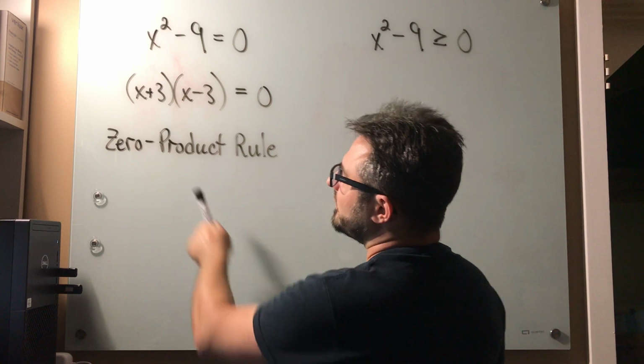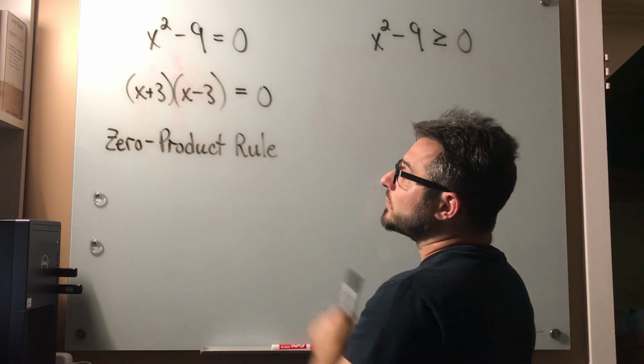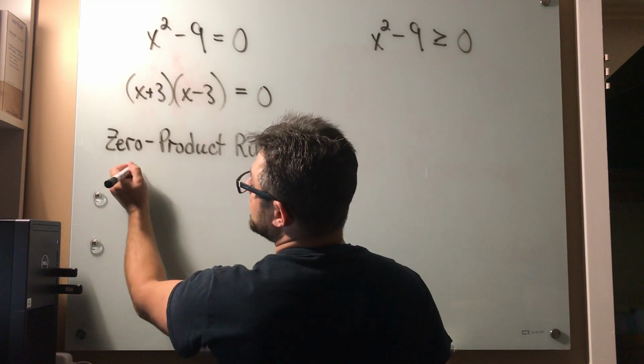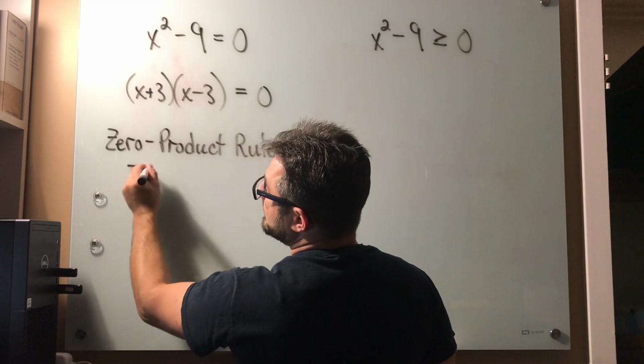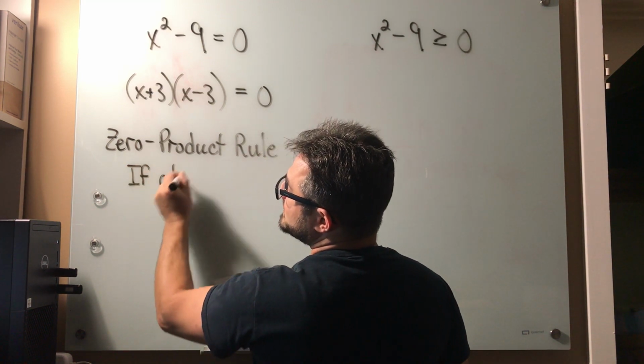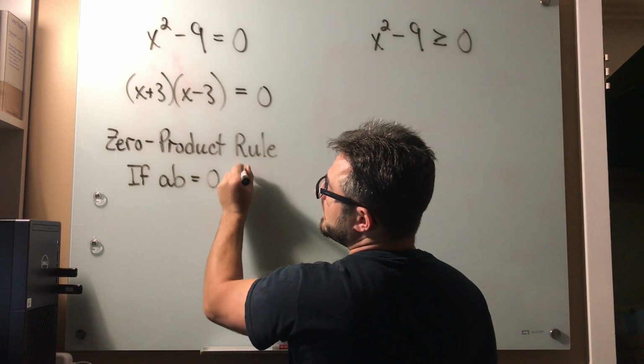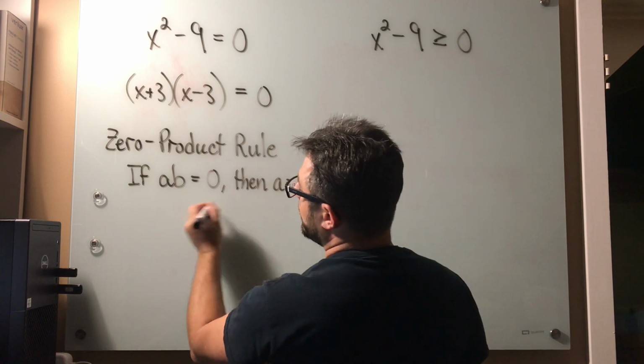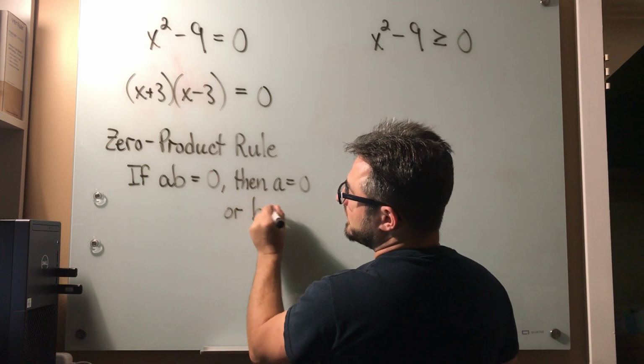Sometimes it's called the zero factor rule or the zero product property, but in any case, it's all the same idea. It says that if a times b equals 0, then a equals 0 or b equals 0.